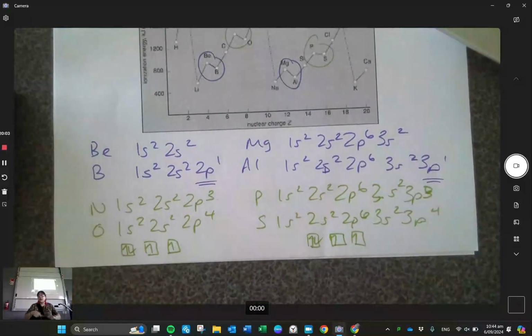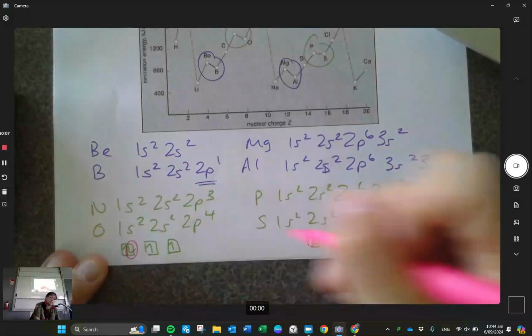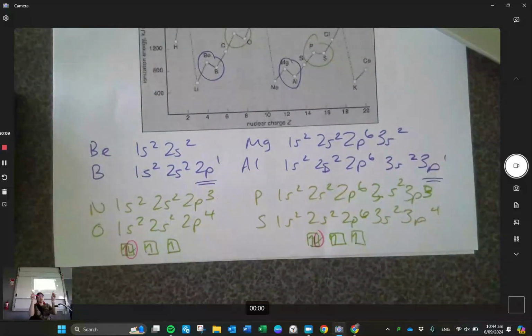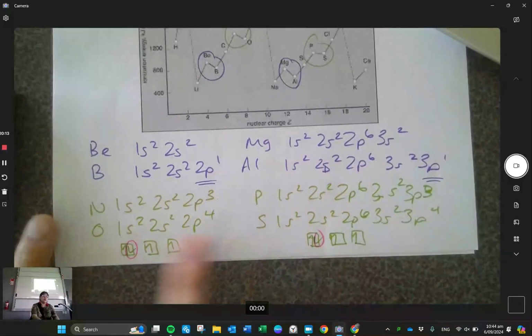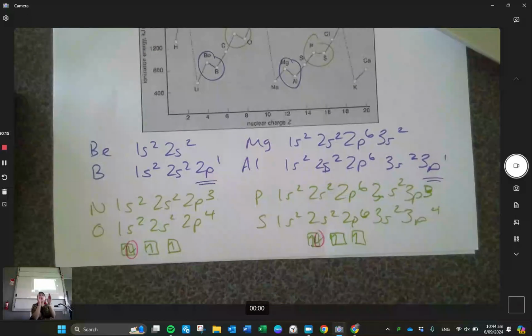Now, what happens is that because we now have 2 electrons there, those are both negatively charged, and we know that like charges repel. So that's why it drops again when you get to oxygen and sulfur, because now you have 2 in that first shell, and so it's easy to rip one off because it's already got like charges repelling. So that's why that one is also a weird little dip. But everyone else follows that trend.